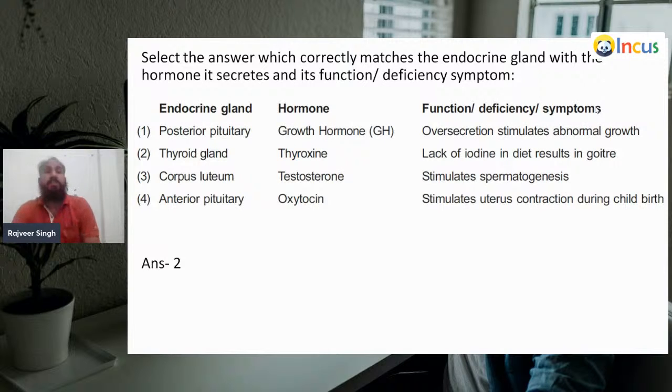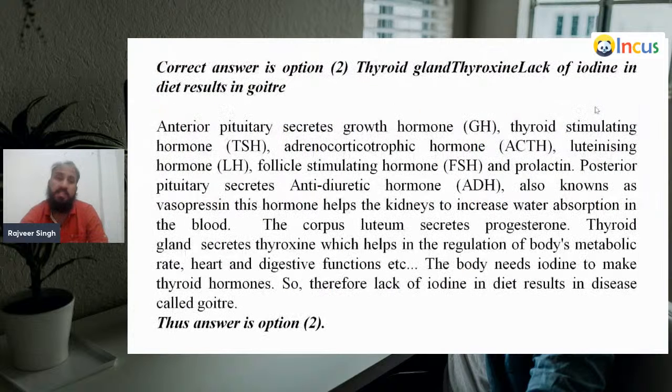This one is not right. Thyroid gland, thyroxine, lack of iodine in diet results in goiter. Yes, this one is right. Corpus luteum, testosterone stimulates spermatogenesis. This is not right also. Anterior pituitary, oxytocin stimulates uterus contraction during childbirth. This one is also eliminated. Answer is second.